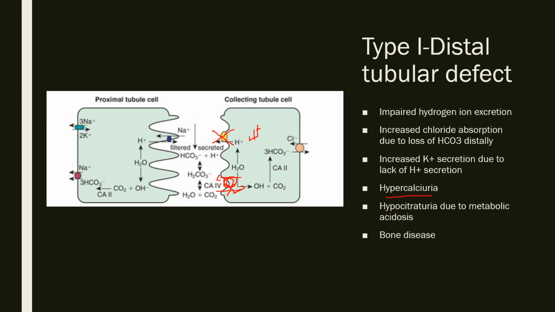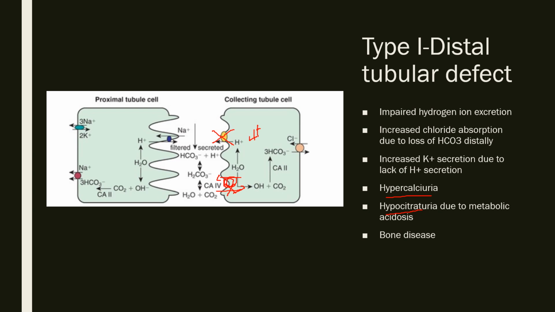Okay, coming back to distal tubular defect. There will also be hypocitraturia. What is the importance of hypocitraturia? See, citrate absorption will be increased during metabolic acidosis. So the proximal tubule, which is intact, absorbs more and more citrate whenever there is a metabolic acidosis. So what happens? In your tubules, there is a low citrate concentration. This citrate is important to prevent stone formation.